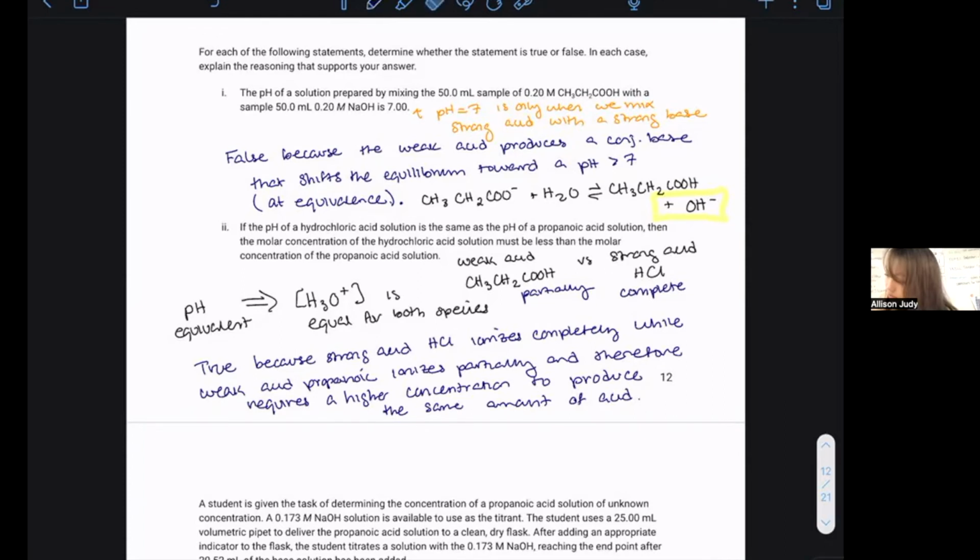Maybe I should put that specifically, of H3O plus concentration. So that is the first subsection of this FRQ.